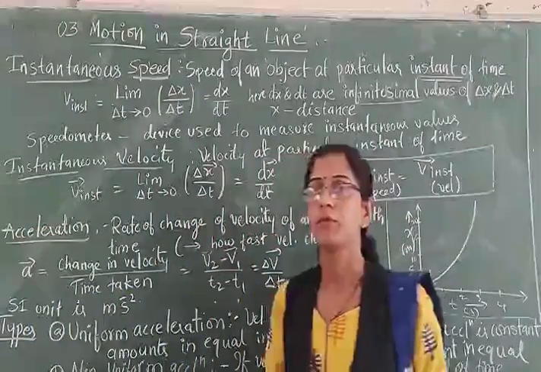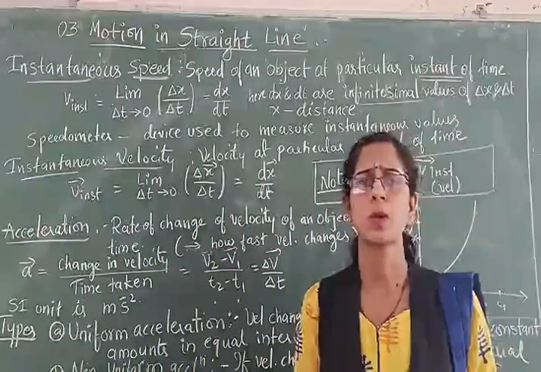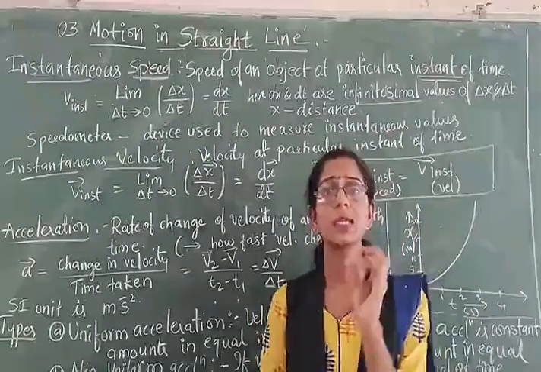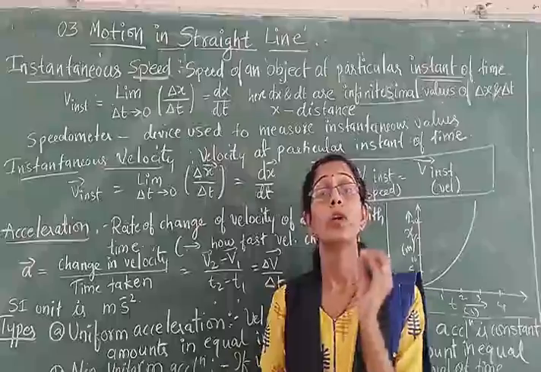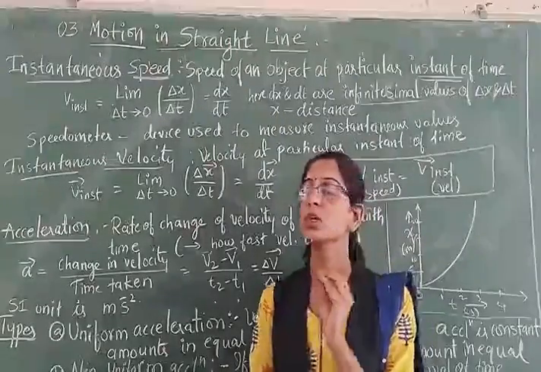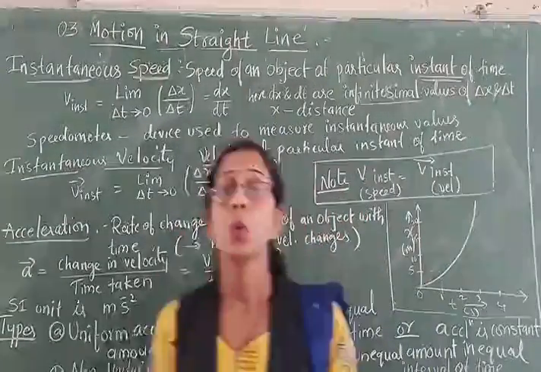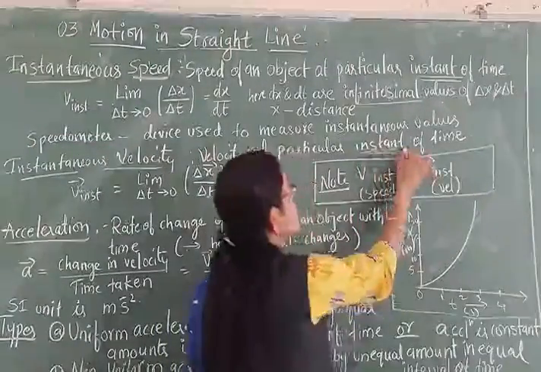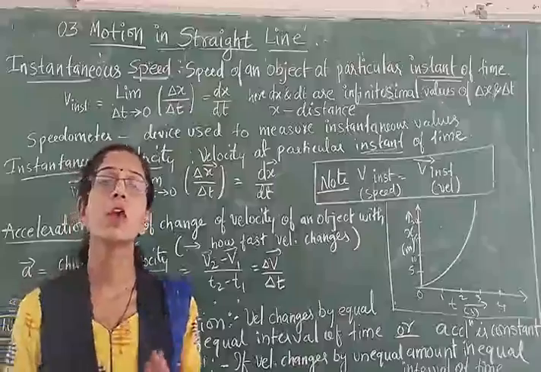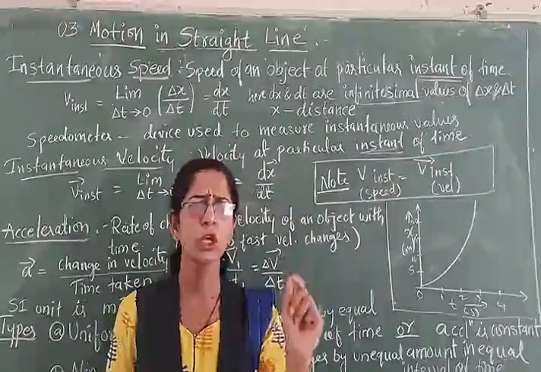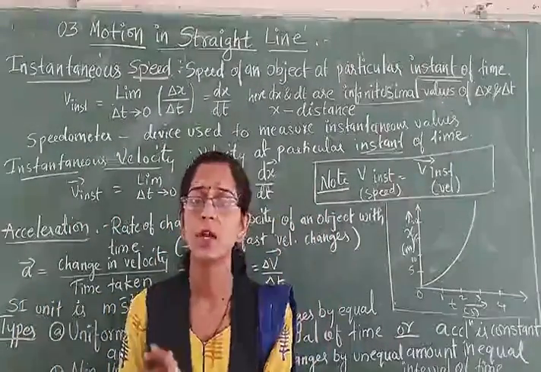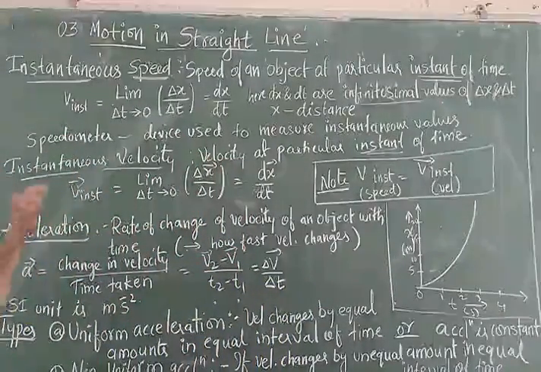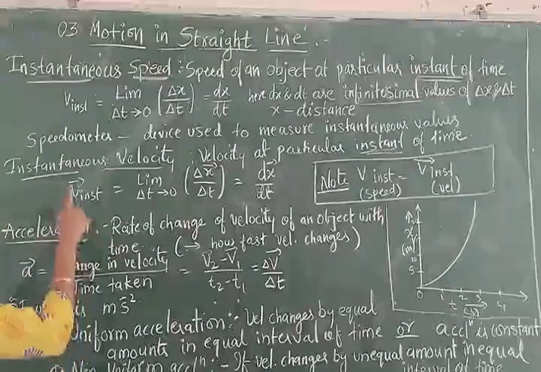How do we represent instantaneous velocity? The formula is similar, only the change is that instead of considering distance, I need to take the displacement made by the object. It is nothing but the velocity of the object at a particular instant of time. What is the velocity attained by the object at the 5th second, the 10th second? That is called instantaneous velocity. Again it is numerically represented like this: V bar.